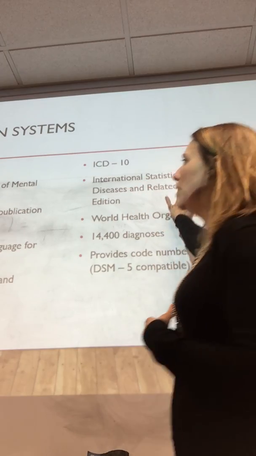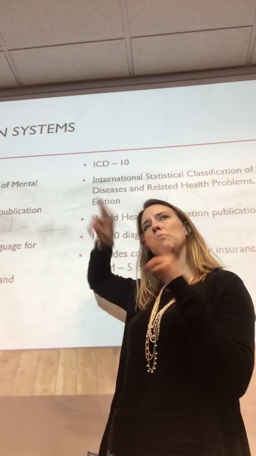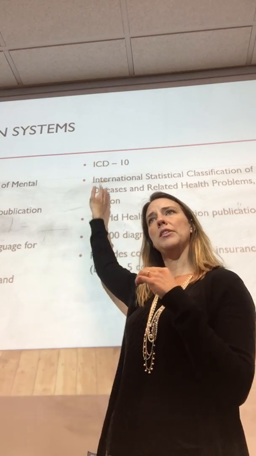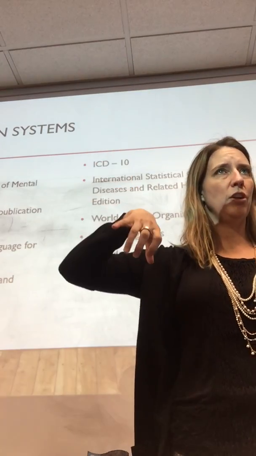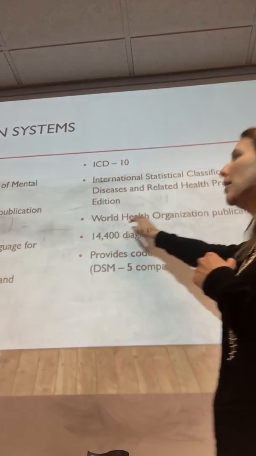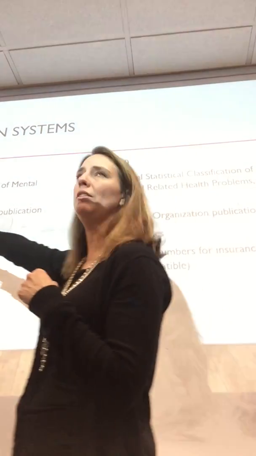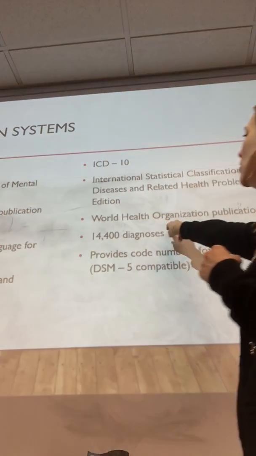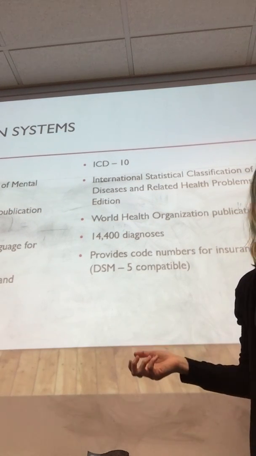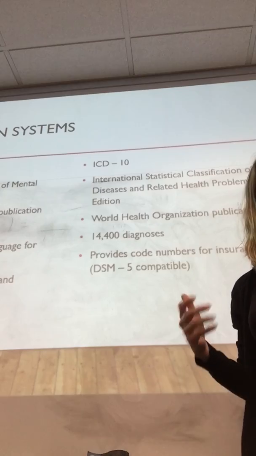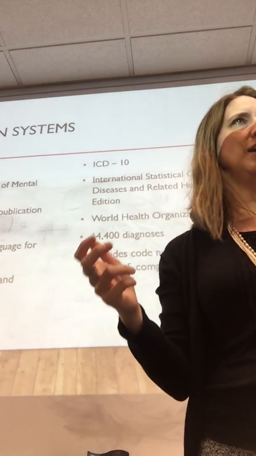The ICD-10, which maps onto the DSM-5, right? The number codes are the same. The ICD-10 is what we use, those number codes, for billing for insurance, and it's a World Health Organization publication. So in contrast to the 265 DSM diagnoses, we've got 14,400 ICD-10 codes, including all kinds of medical diagnoses, like sucked into a jet engine, second time, right?